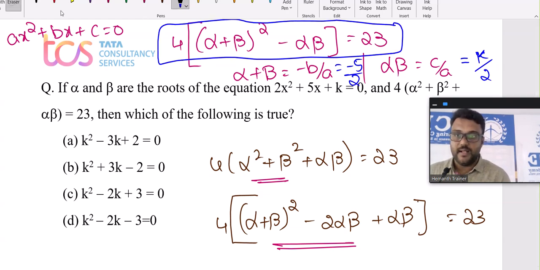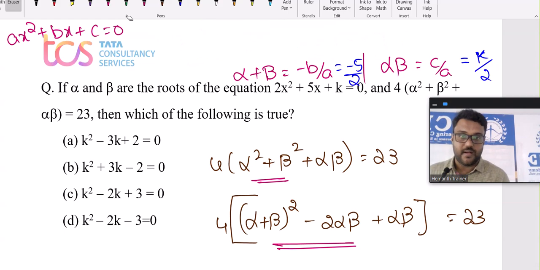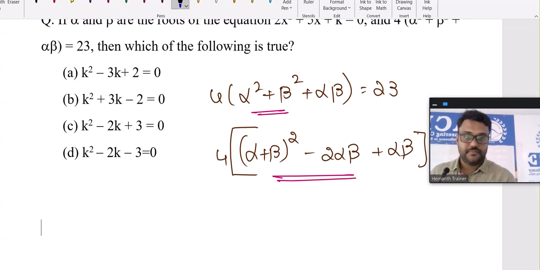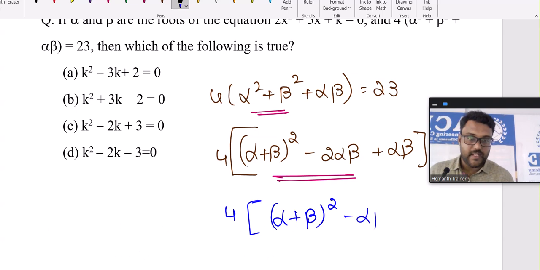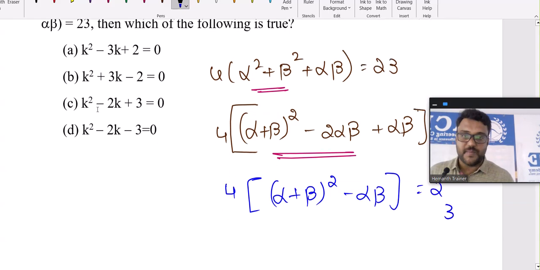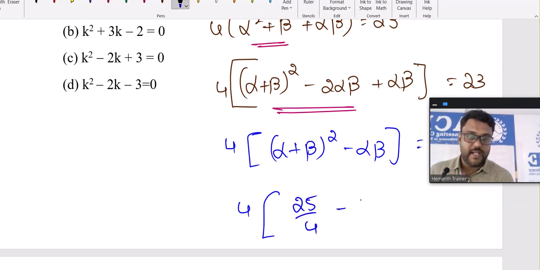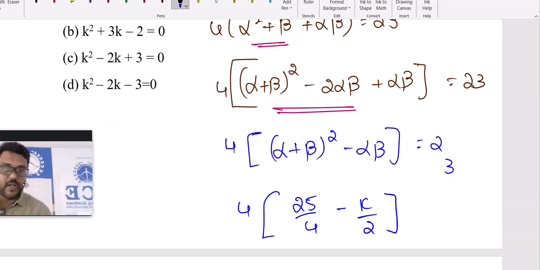I'll remove it here to avoid confusion, so I'll write it below this. 4 into alpha plus beta whole square minus alpha beta equal to 23. As we know, alpha plus beta is minus 5 divided by 2. Whole square will be 25 divided by 4, minus k divided by 2 is what, 23 we got.